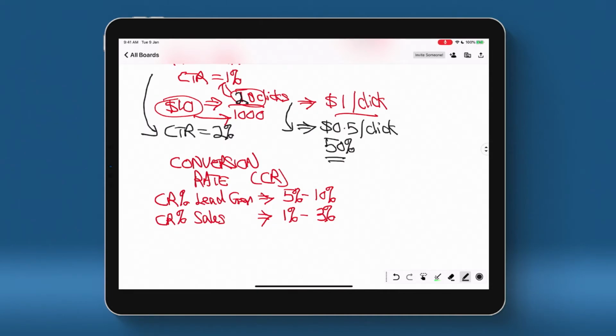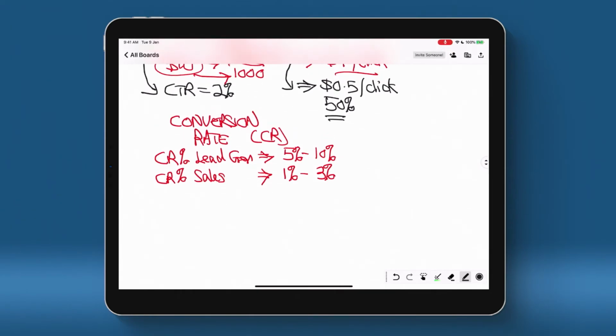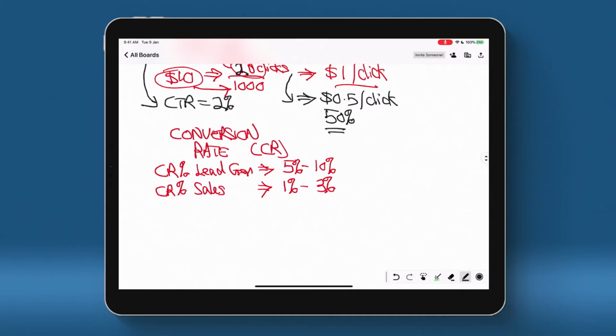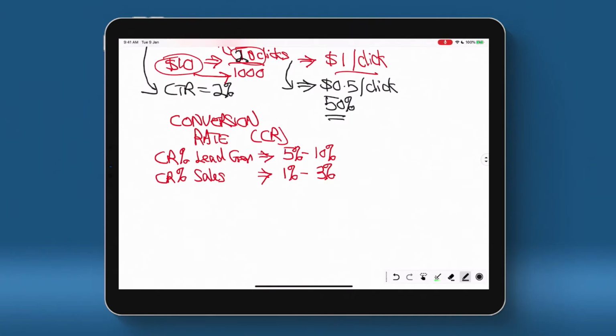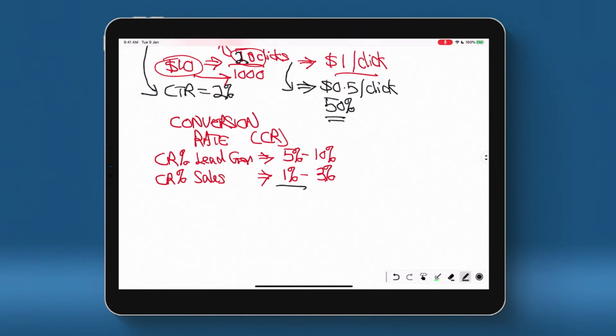So, what we need to do here to figure this thing out and use basic math is to make the assumption on conversion rate. Now, let's take back our assumption on clicks, and therefore, if conversion rate is 1%, because that's the question, what would the cost per sale be?